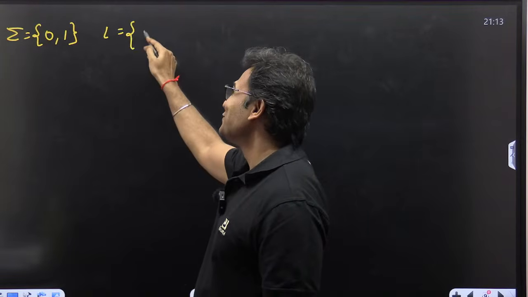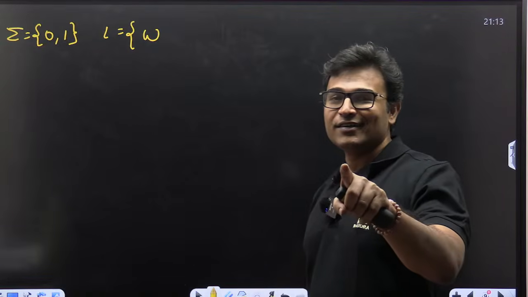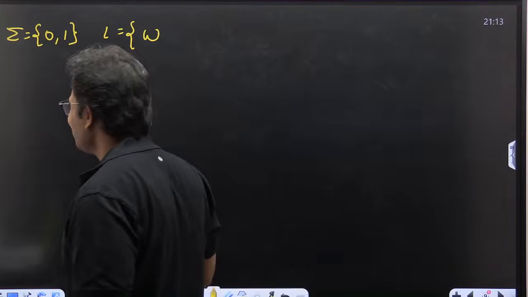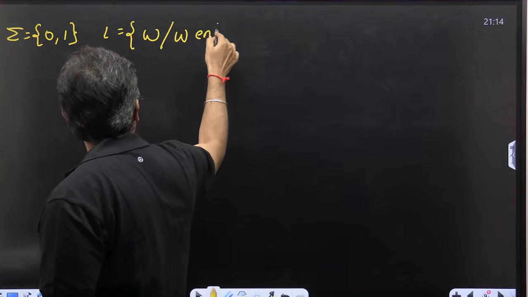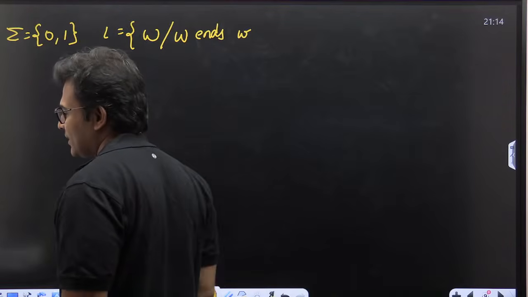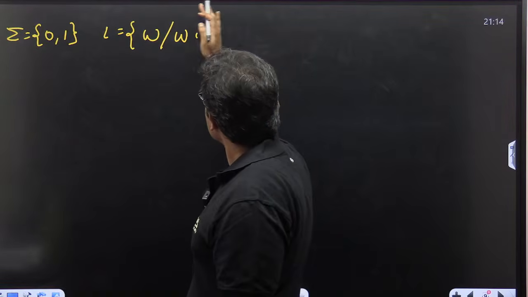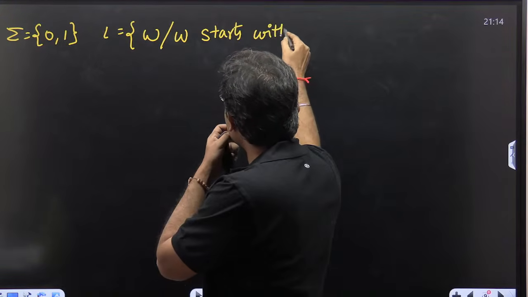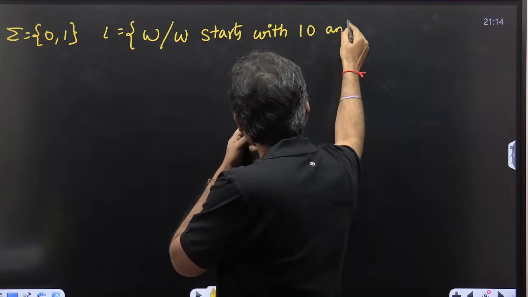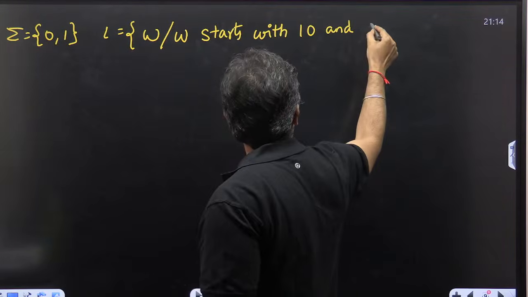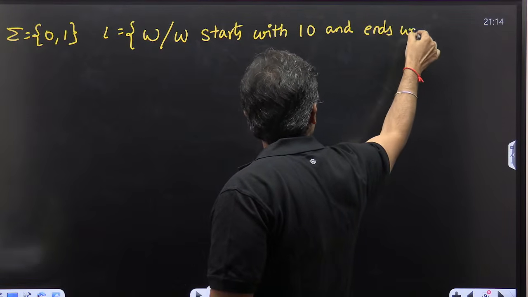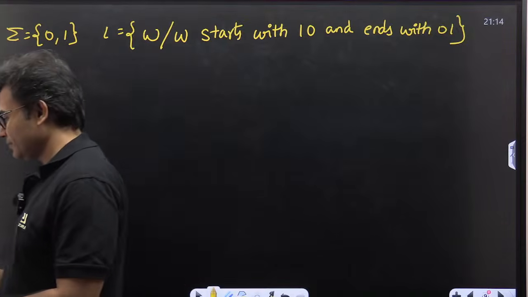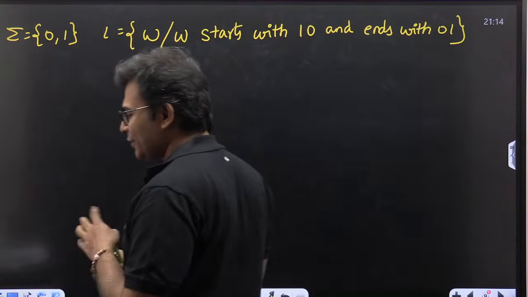L equal to W such that W starts with 1 0 and ends with 0 1. Give me the regular expression at least.